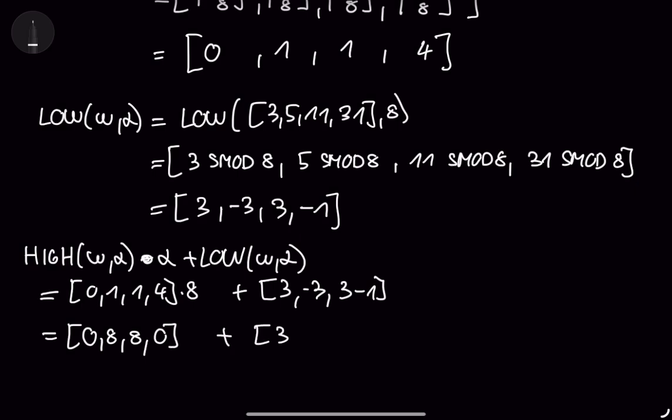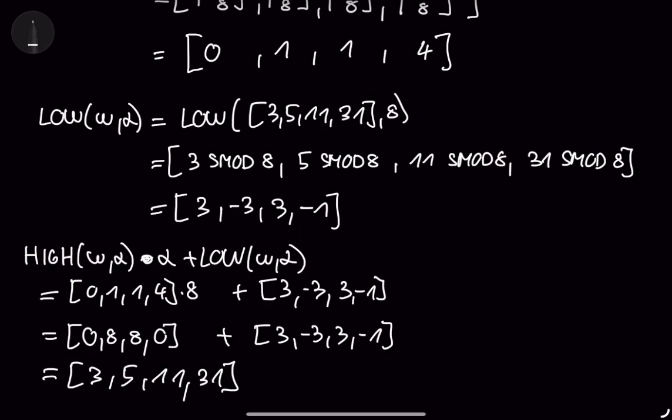Plus 3, minus 3, 3, minus 1, and so 0 plus 3 is 3, 8 minus 3 is 5, 8 plus 3 is 11, and 0 minus 1 is minus 1, minus 1 plus 32 is 31, if we consider it in the ordinary representation from 0 to 31.